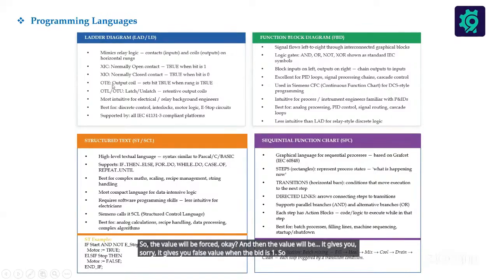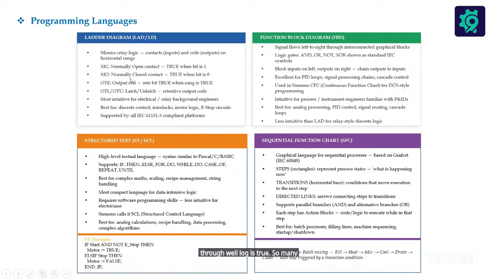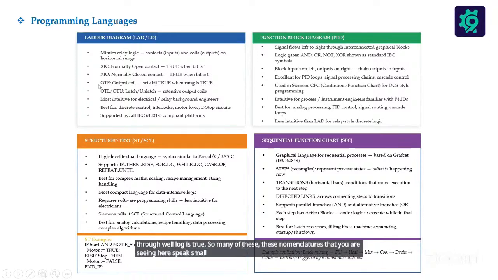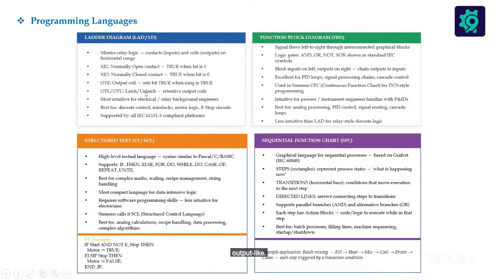Your OTE, which is your output coil, sets bits true when the rung is true. Many of these nomenclatures that you are seeing here speak more to the Allen Bradley side of things. So you have the OTE, output energize, and OTL, output latch. These are retentive output coils. This one sets bits true when the rung is true.